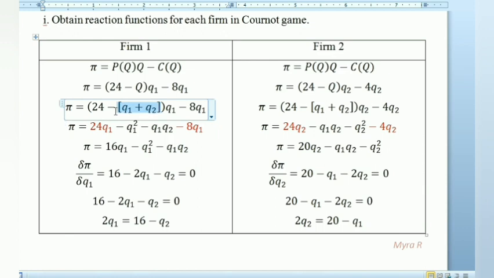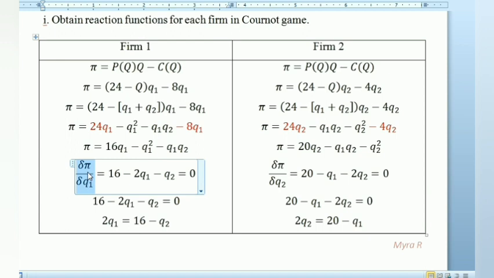So we multiply 24 by Q1 and get 24 Q1 minus Q1 square minus Q1 Q2 minus 8 Q1. We solve the equation: 24 minus 8, we get 16 Q1 minus Q1 square minus Q1 Q2.